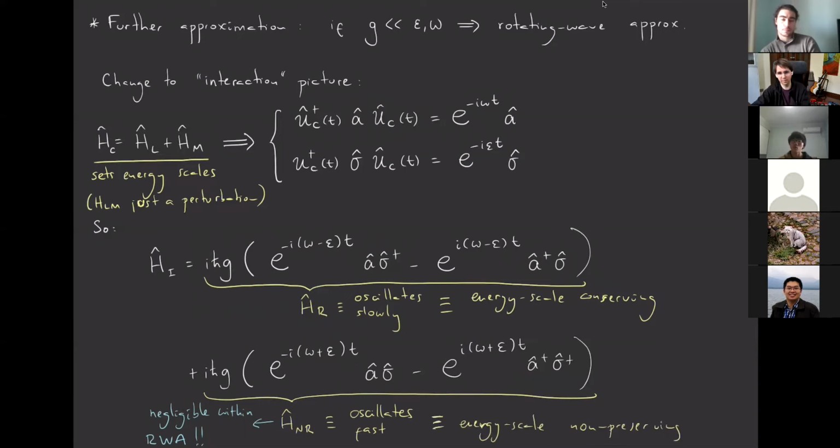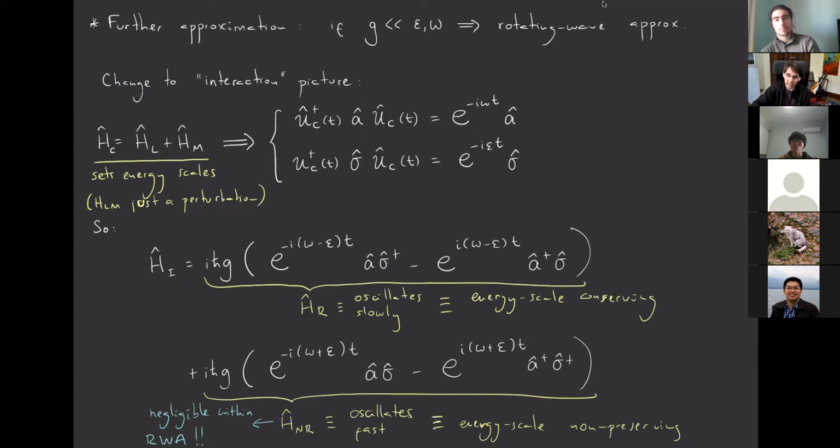You are creating at the same time a photon in the field and an excitation in the atom. But this is a very weird process, no? Because you are exciting the atom without absorbing a photon. You emit a photon at the same time, okay? So these processes are very, very suppressed by energy conservation, okay?